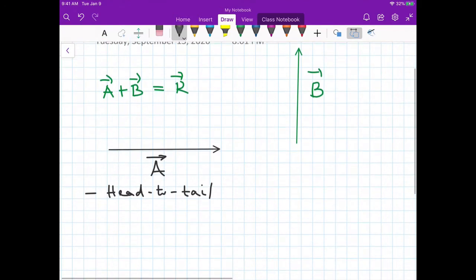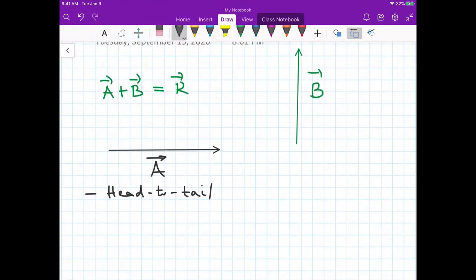The vector that runs from the tail of the first vector to the head of the last vector is called the resultant vector. Resultant vector means the sum of the two vectors.